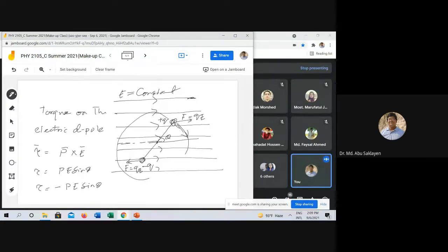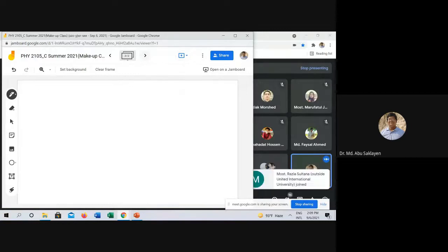But if you use alternating current, the electric field will change with time like this.